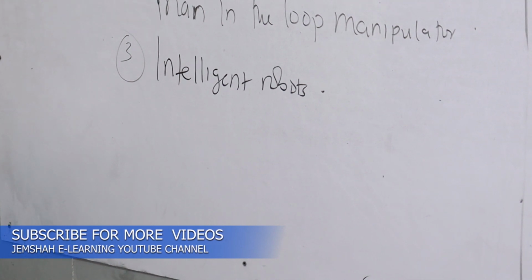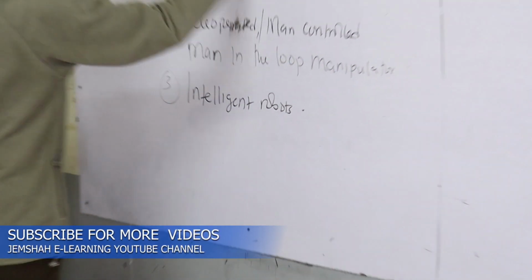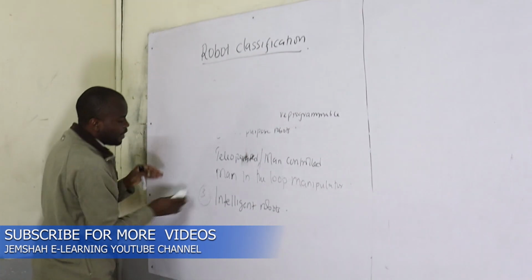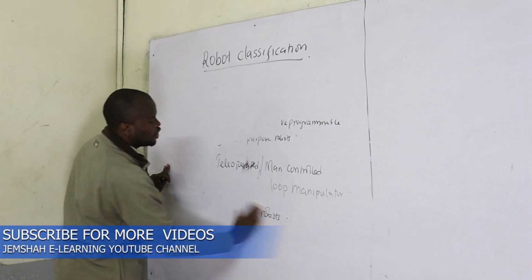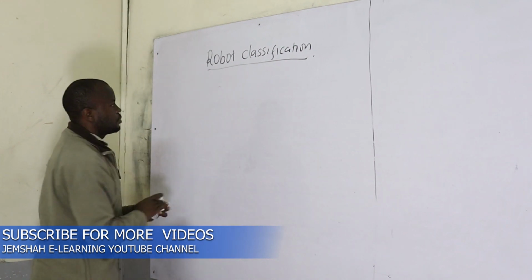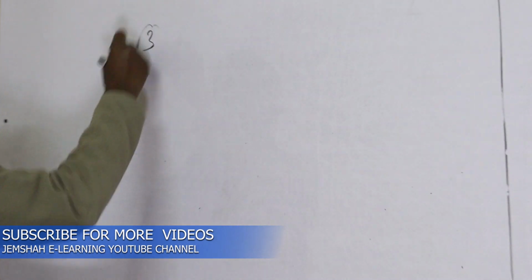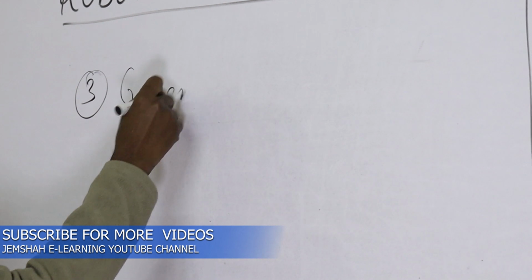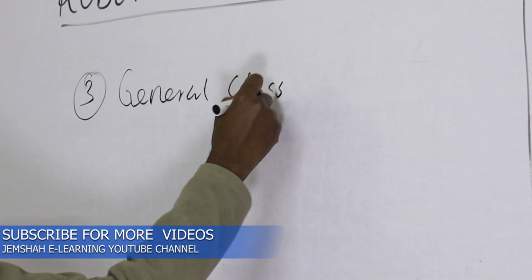So we are going to the third way by which we can classify the robots. The third way is what we refer to as general classification.